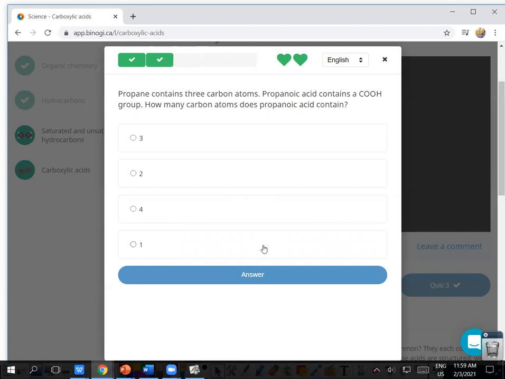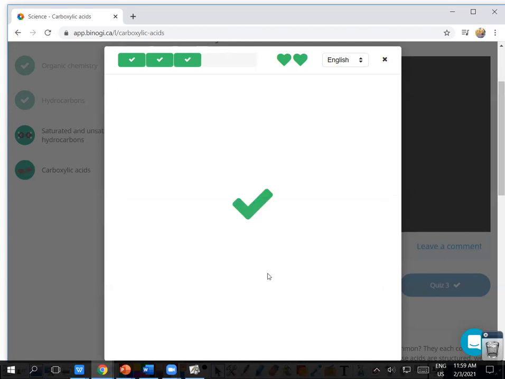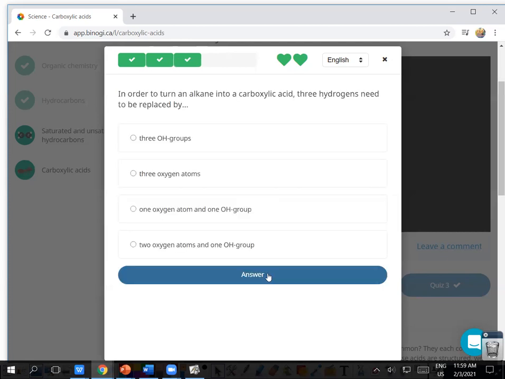Propane contains 3 carbon atoms. Propanoic acid contains a COOH group. How many carbon atoms does propanoic acid contain? CH2, CH3, COOH. In order to turn an alkane into carboxylic acid, 3 hydrogens need to be replaced by 3 hydroxyl groups, 3 oxygen atoms, or 1 oxygen atom and 1 hydroxyl group.